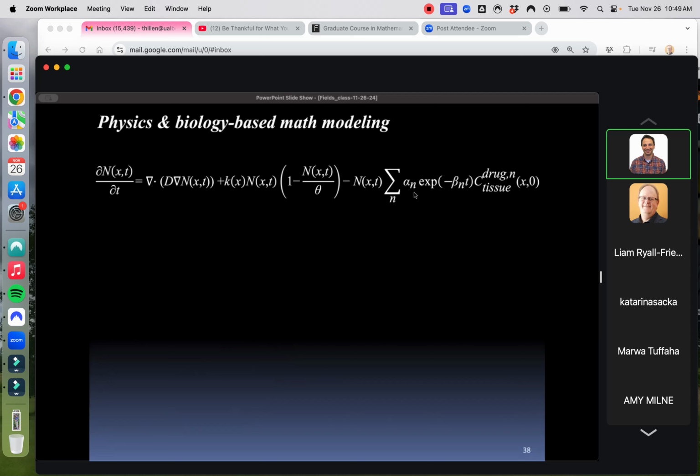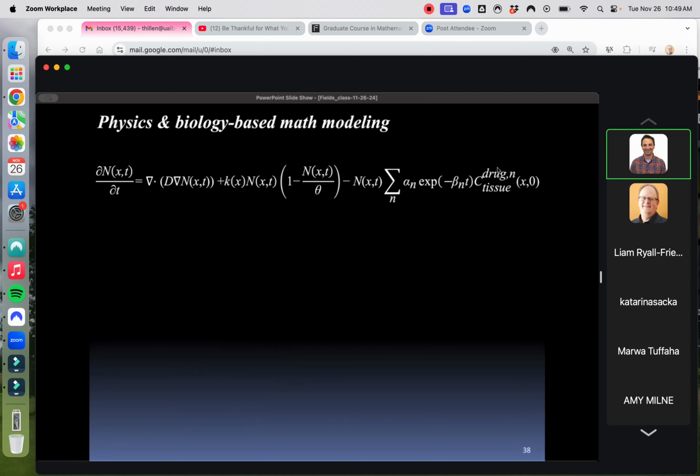That the efficacy is also waning due to elimination from the body, and you have some initial concentration at time zero that you get from your estimate of the contrast-enhanced MRI data. So in words, this is movement of the tumor cells, this is the proliferation of tumor cells, and this is the treatment of the tumor cells. This is probably a good time to say, are there any questions or comments?